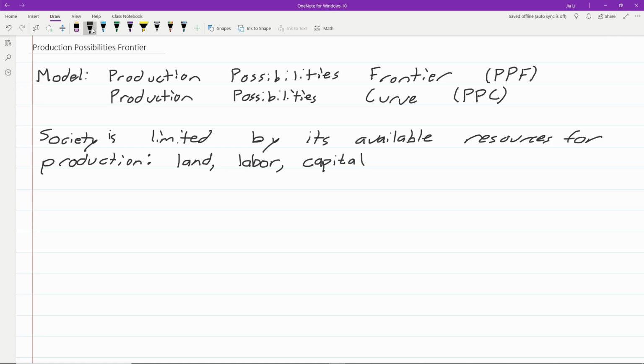That would include the cups. That would include tables and chairs for the customers to sit at. That would include the building itself as well. So basically, any type of item that a business needs in order to produce the thing that it's trying to sell would be put under the category of capital for economists.